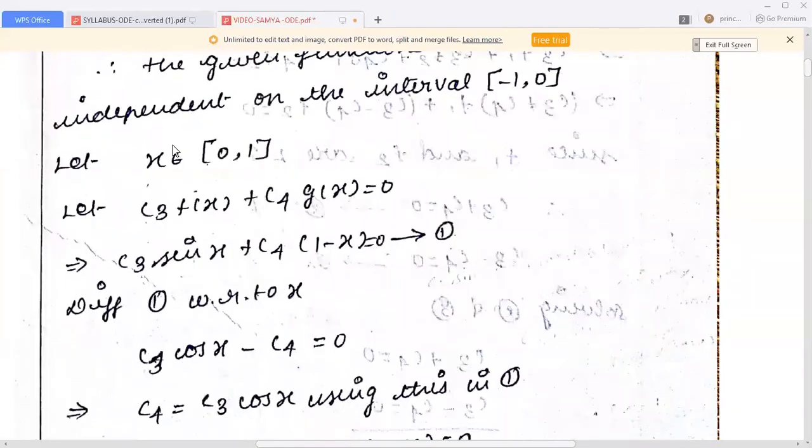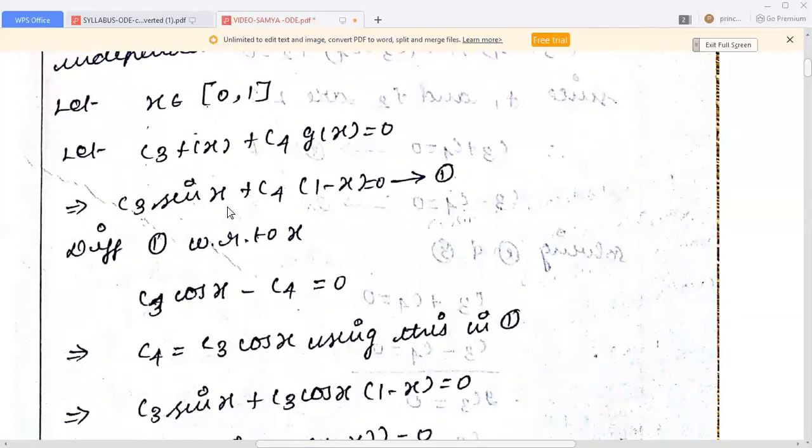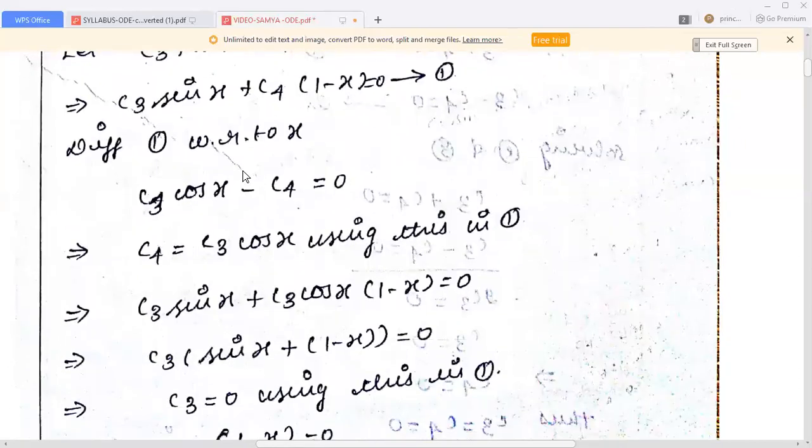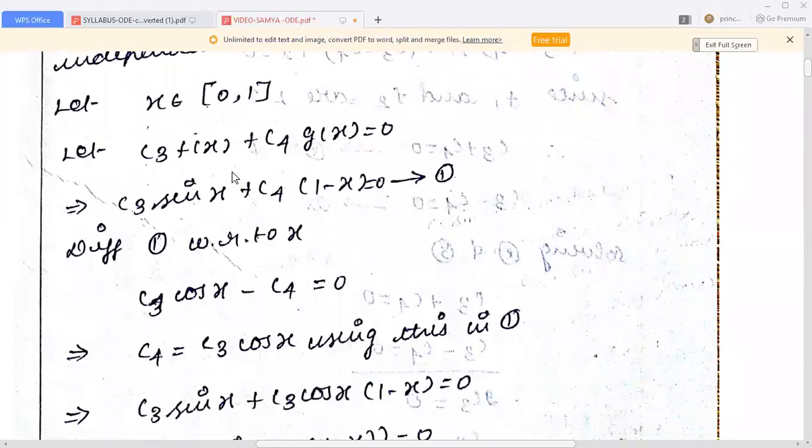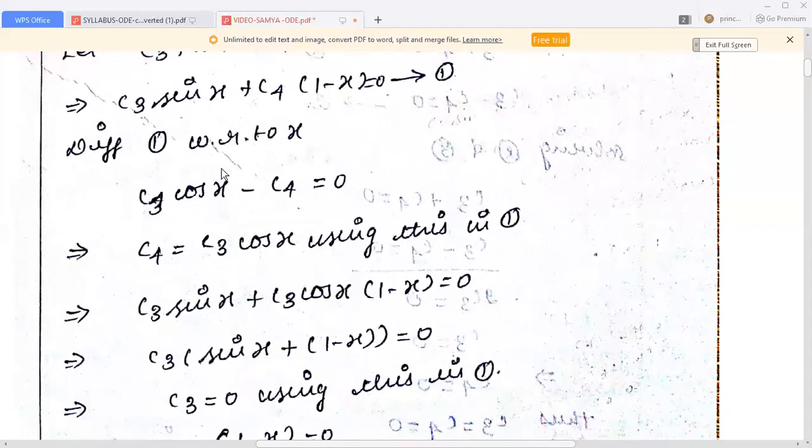This implies C3 into sin x plus C4 into 1 minus x equal to 0. This can be taken as equation number 1. So there are two functions. So we can differentiate this linear combination with respect to x one time. So when you differentiate this with respect to x, we get C3 into cos x minus C4 equal to 0. Here C4 into minus 1, that is minus C4 equal to 0.